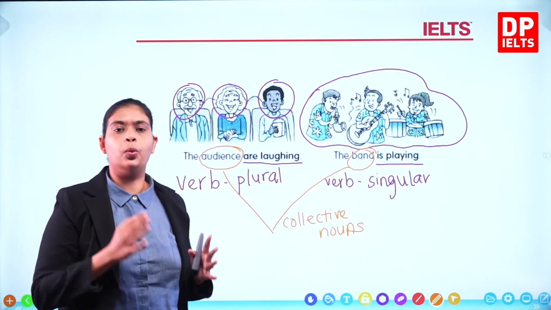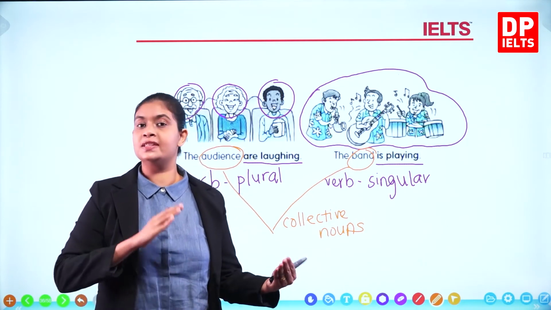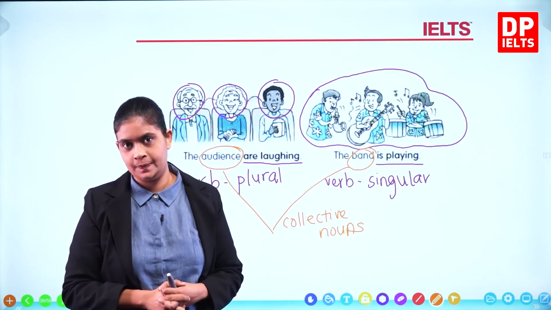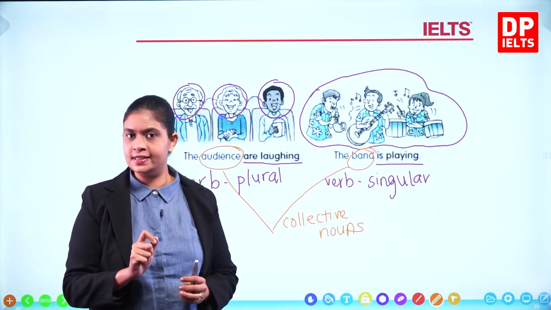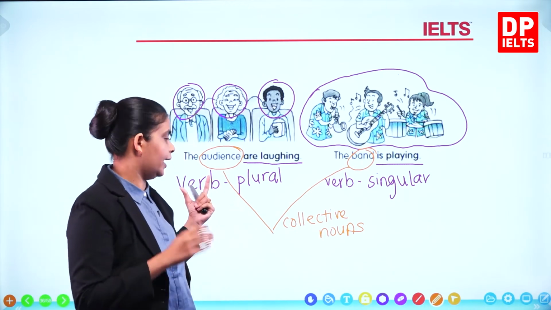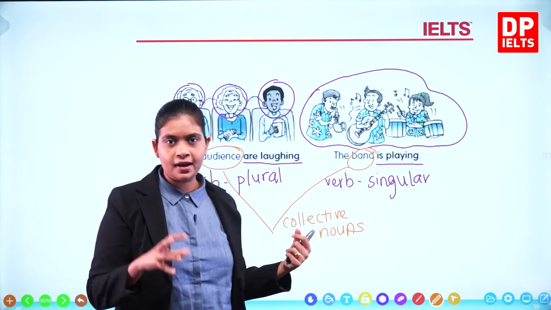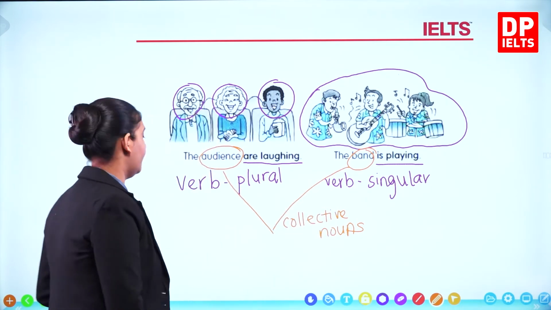So when you are using collective nouns, the verb could be singular or plural depending on the use of it. ඒ හින්දා එක එක්කෙනාට නම් verb එක අපි plural කරනවා, ඔක්කොම එකට නම් verb එක singular කරනවා. Right?